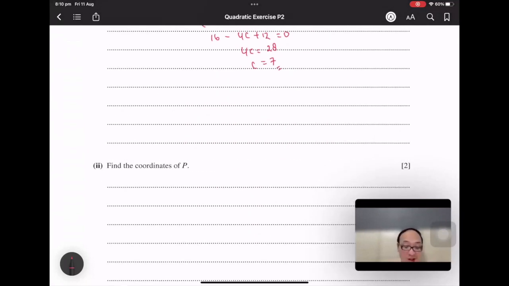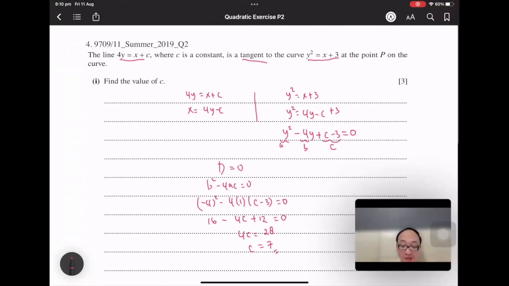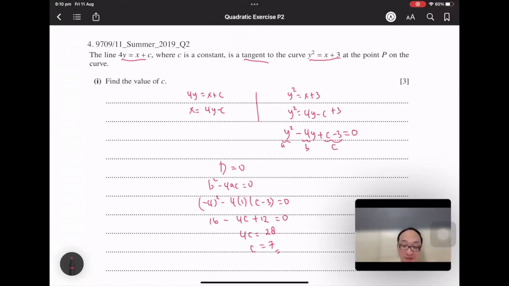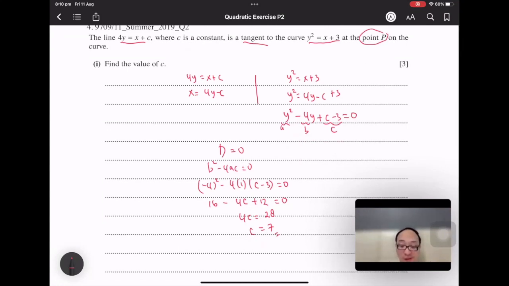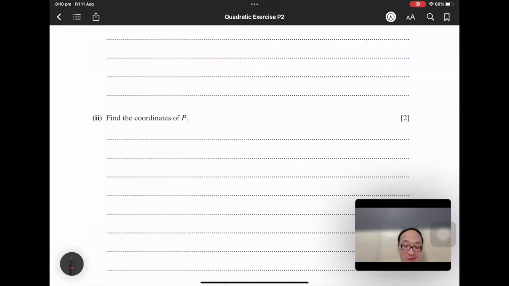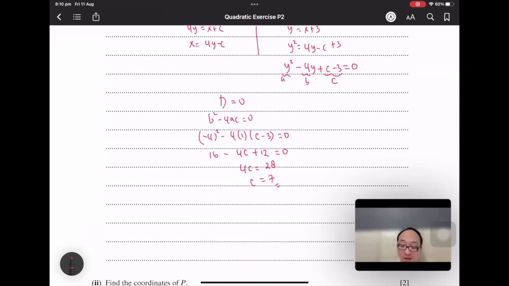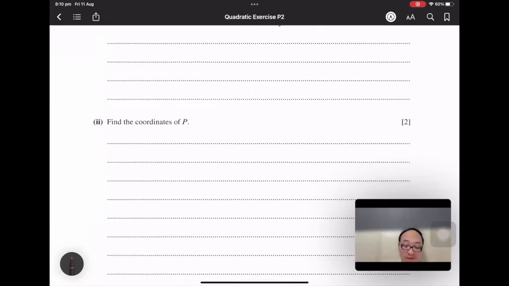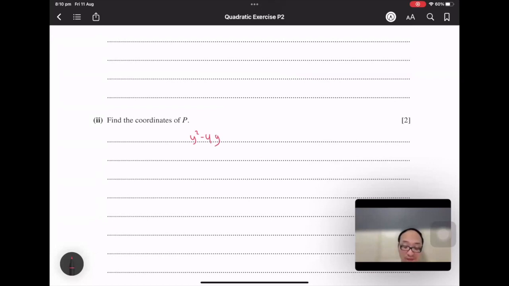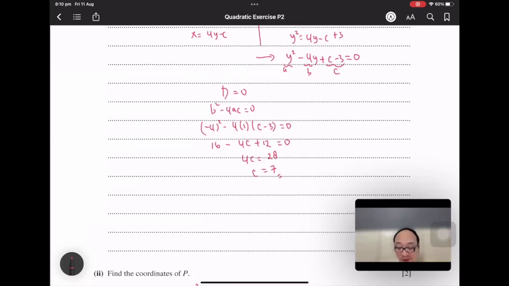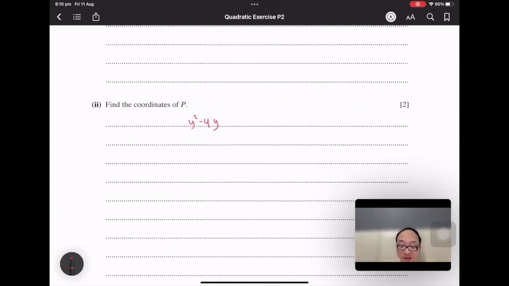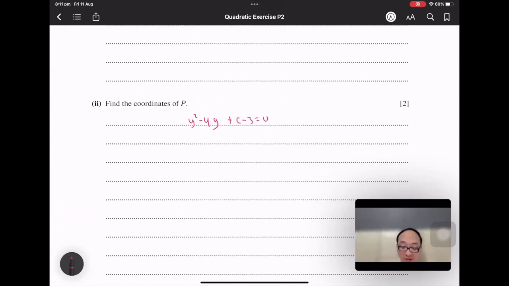And then find the coordinate of P. P is the intersection point. So we just replace the c in this equation: y squared minus 4y plus c minus 3 equals 0.